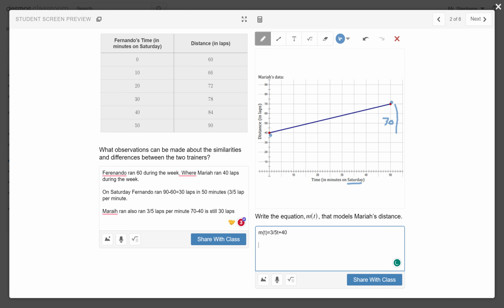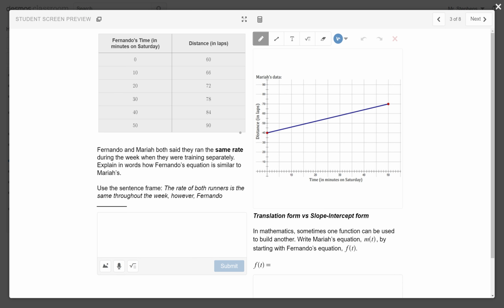Fernando would have been the same thing, right? 3 over 5 t plus 60. Okay, cool. Next one.